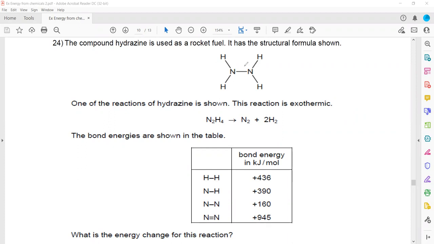The structure of N2H4 is given, which is a rocket fuel. So N2H4 turns into N2. Nitrogen belongs to group 5, so it will share 3 electrons. So in N2 there will be a triple bond between the two nitrogen atoms. And plus 2H2, so there are two molecules of hydrogen.